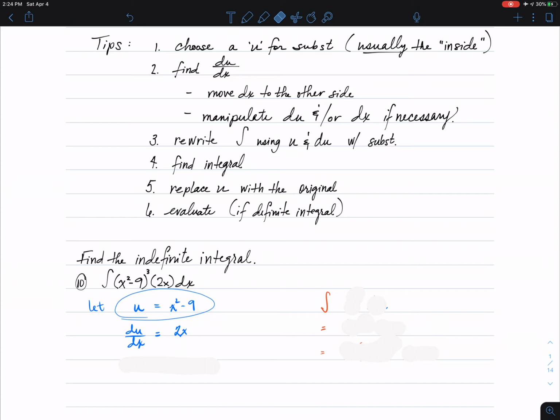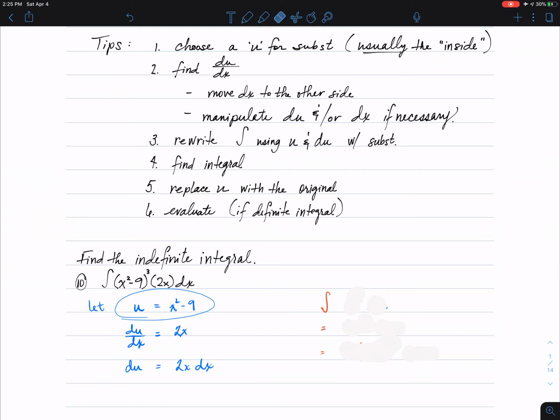So the derivative is 2x. The bullet point under step number 2 says we should move that dx to the other side. So we're just going to multiply on both sides by dx so that we have du equals 2x times dx.